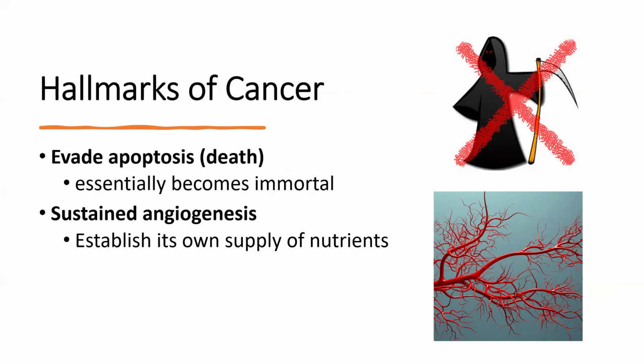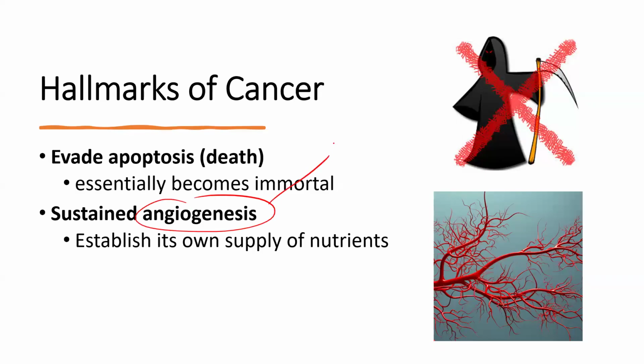Next, they are able to evade apoptosis. Apoptosis is programmed cell death. When a cell is accumulating all these mutations, it's supposed to die, but they don't die. They become immortal. Now, to supply all this growth is very energy demanding. And so the cancer cell has the ability to create their own blood vessels.